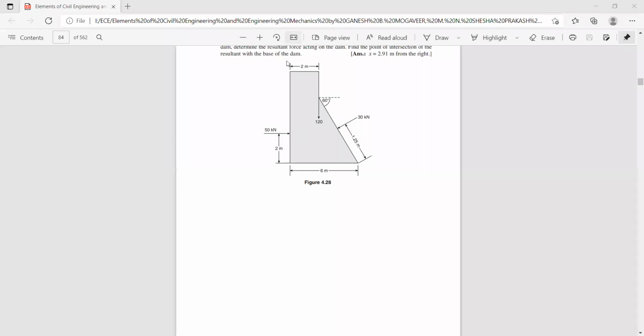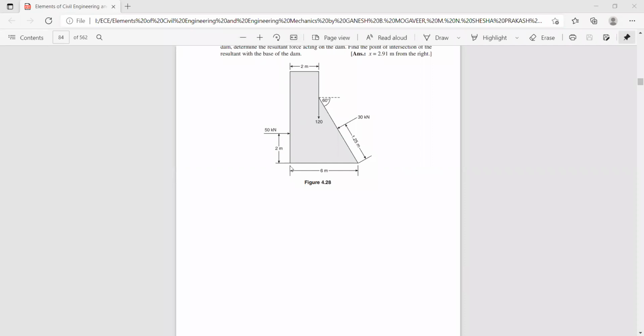What is the answer? Sigma MA divided by sigma f of x, 16.34.